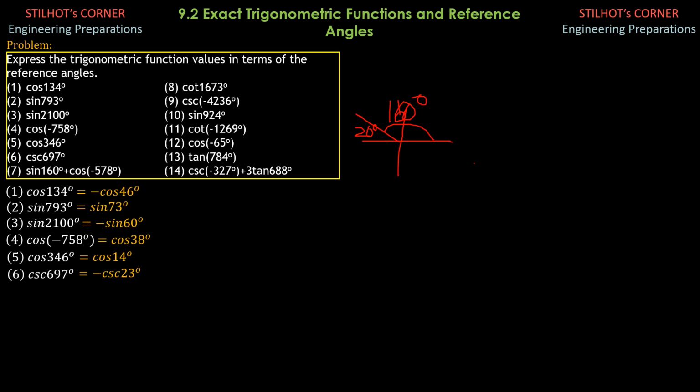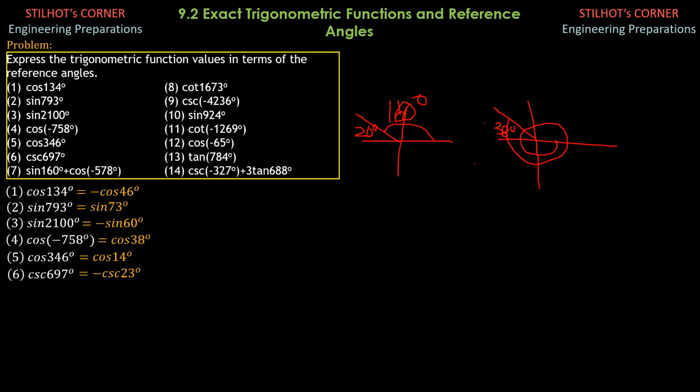Then negative 578 degrees is clockwise, 360, negative 450, negative 540, so this is 38. This is 38. 540 plus 38 is 578.